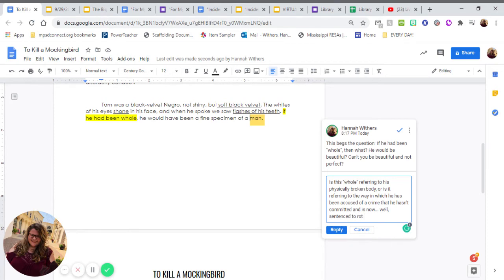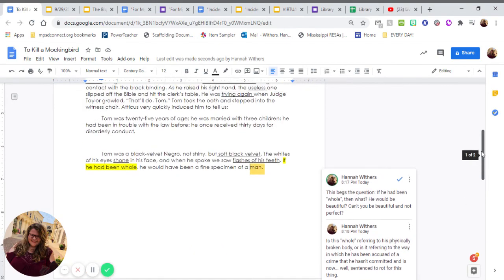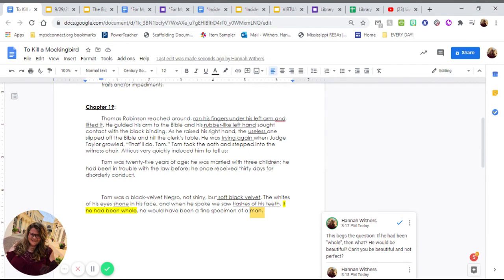To rot for this thing. And we could get deeper into this. We could talk very critically about how Harper Lee is using her language and what she is trying to say here. We could pull in other texts from other parts of the novel, but this is all we have.